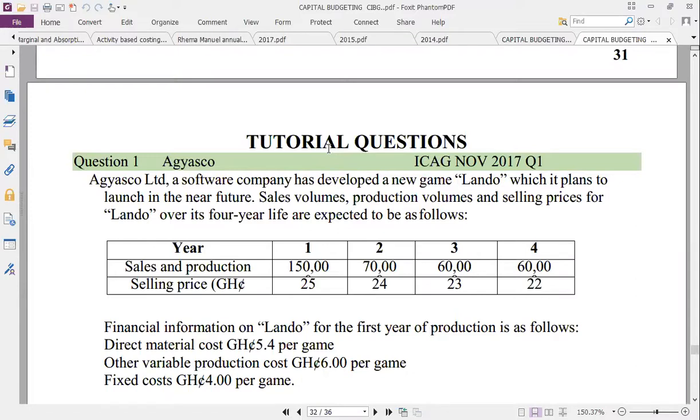Financial information on the Landu for the first year of production is as follows. Direct material cost, 5.40 cedis per game. Other variable production cost, 6 Ghana cedis per game. Fixed cost, that is 4 cedis per game.